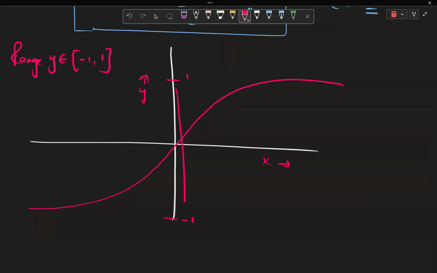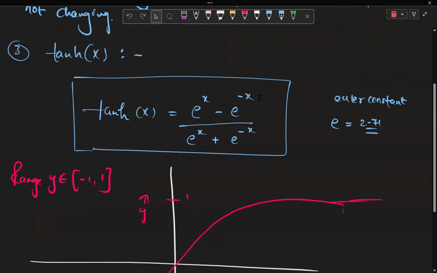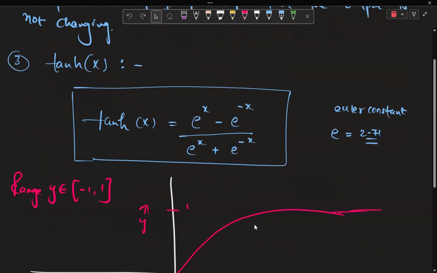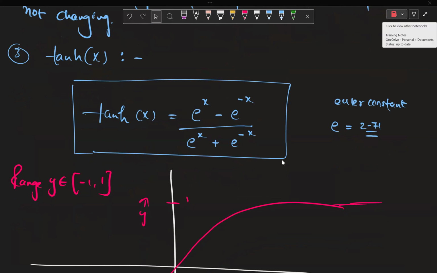Here you also find the vanishing gradient problem, because if your x keeps on increasing, after a certain time your y stops increasing. This is the graph of your tan hyperbolic and the range is -1 to +1. Guys, did all of you understand the formula? When you apply the network part, it does not matter whether you remember the formula or not. You only remember the name of the activation function. I'm just trying to tell you that behind the scenes, these kinds of mathematical formulas are involved.